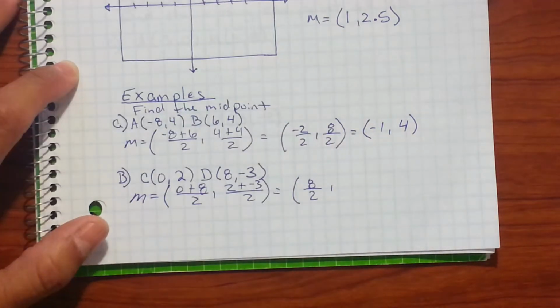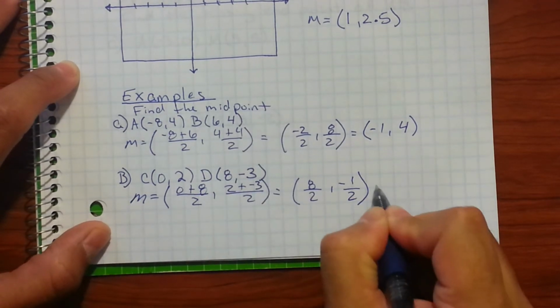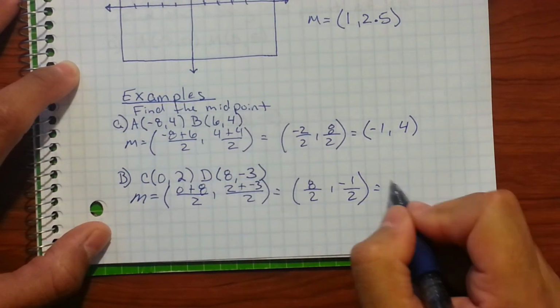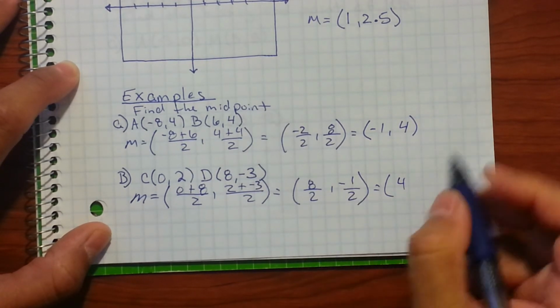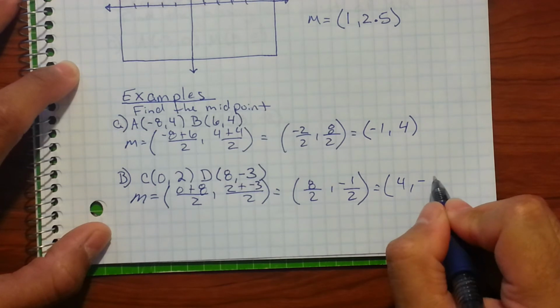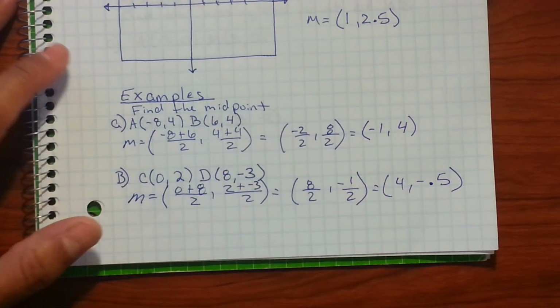Right there, I get negative 1. So 8 divided by 2 is going to give me the positive 4, and negative 1 divided by 2 is going to give me negative 0.5, or just negative 1/2 if that's what you want to go with.